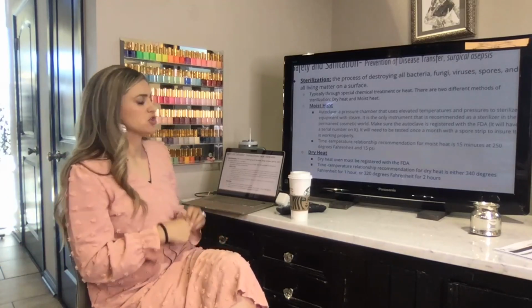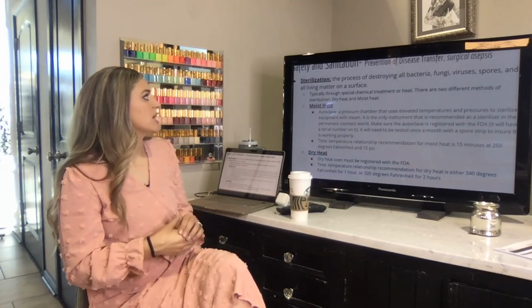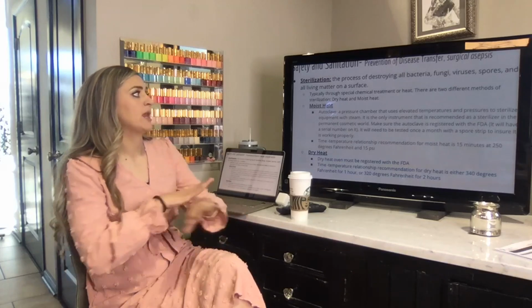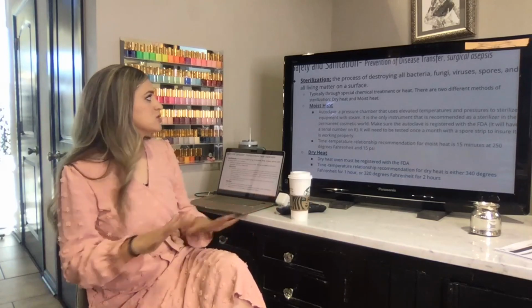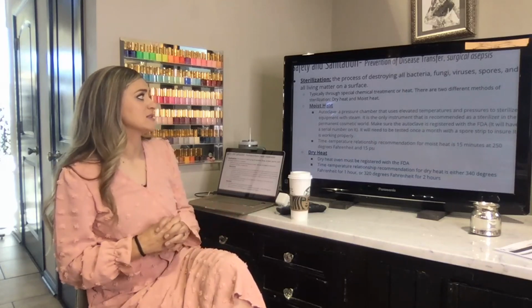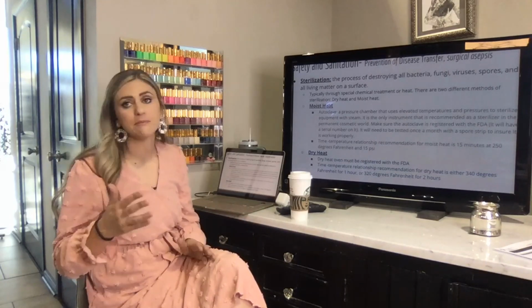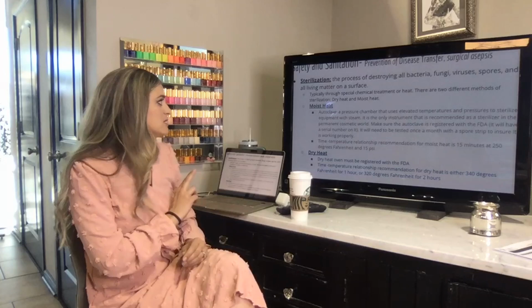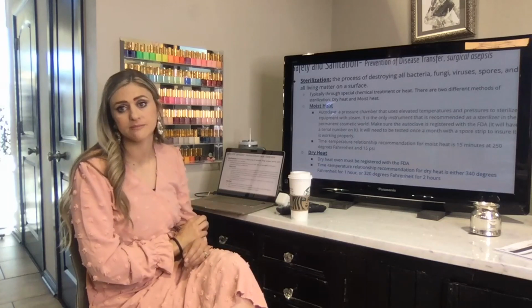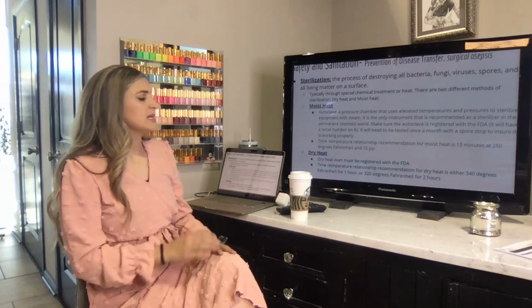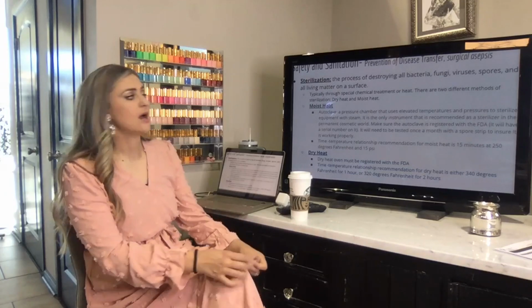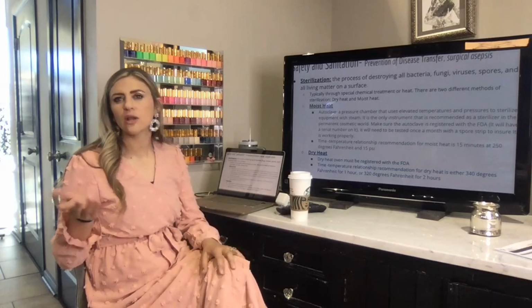Now we are getting into surgical asepsis. Sterilization is the process of destroying all of the bacteria, all of the fungi, the viruses, the spores, all the living matter, all of that. It can only be done with two methods, which are moist heat and dry heat. Moist heat is an autoclave. Have you all seen an autoclave?